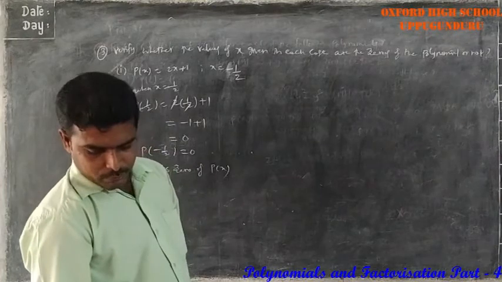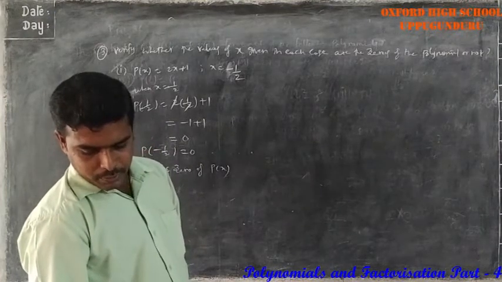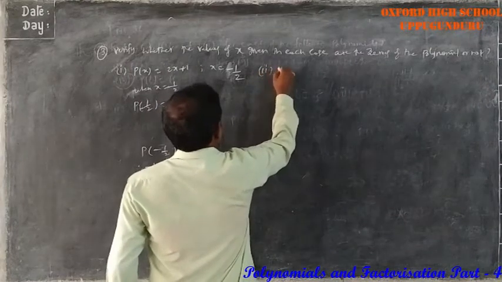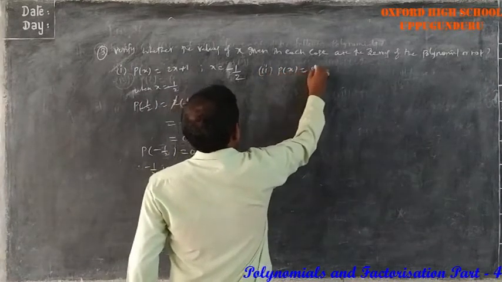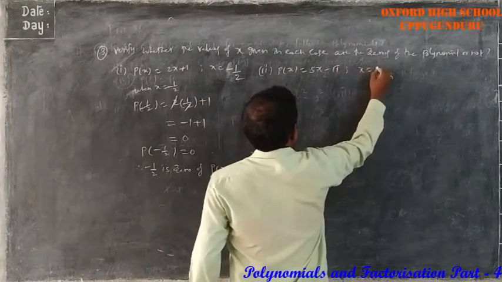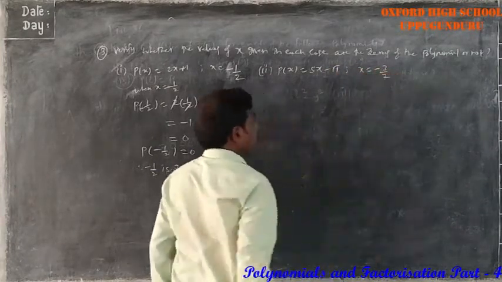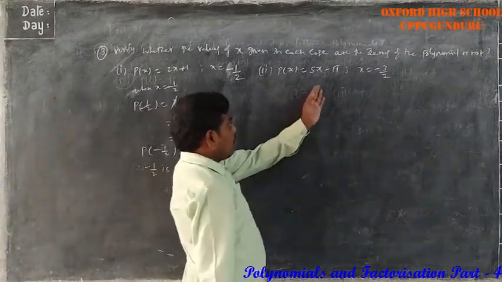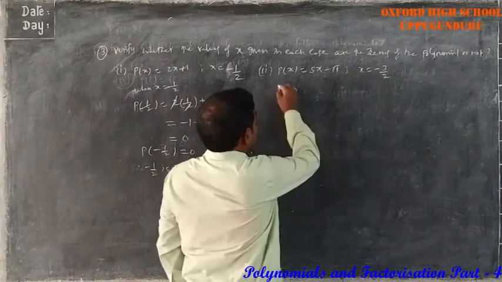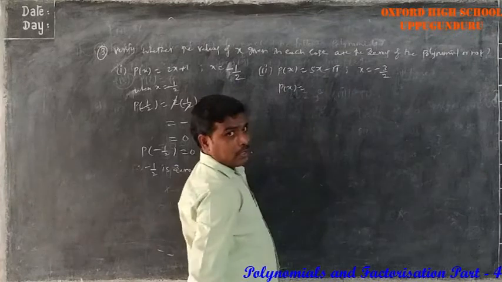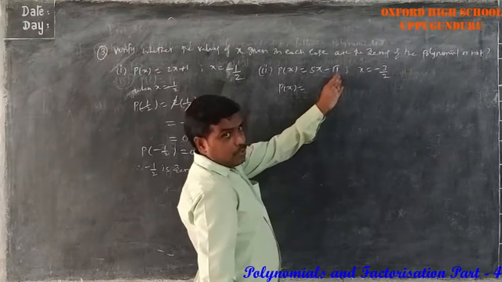Next, second problem. P of x equal to 5x minus 5, x equal to minus 3 by 2. Here also you have to do it in the same way. P of x equal to, no need to substitute the pi value here, as it is you have to write pi.